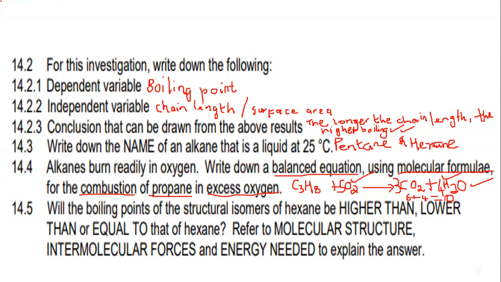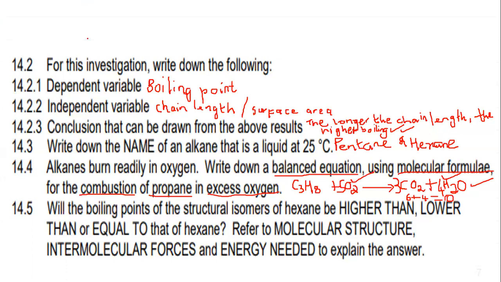So we must ask ourselves, this isomer, how will its boiling point be? Is the boiling point of the isomer going to be higher than that of hexane? Or lower than that of hexane? Or equal to that of hexane?